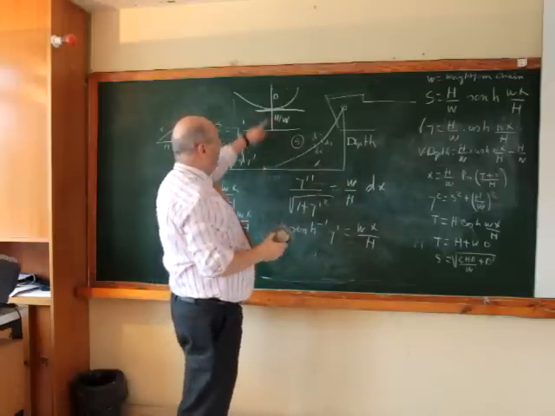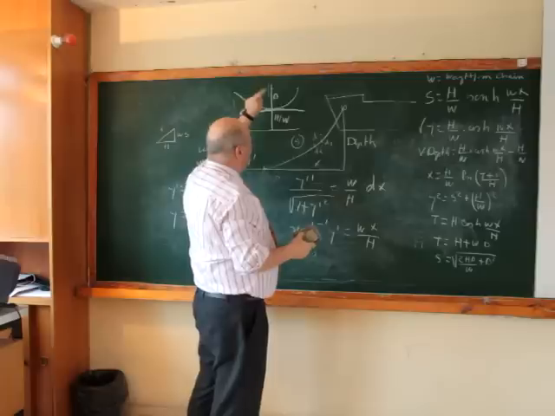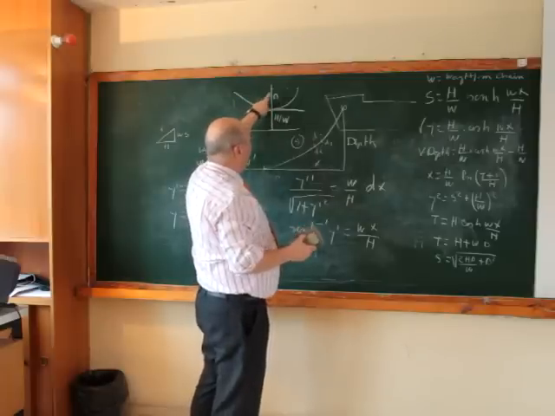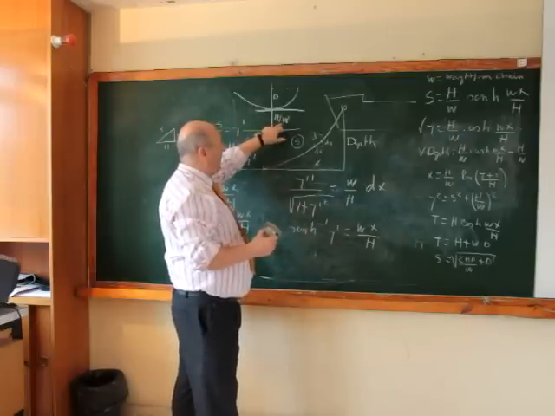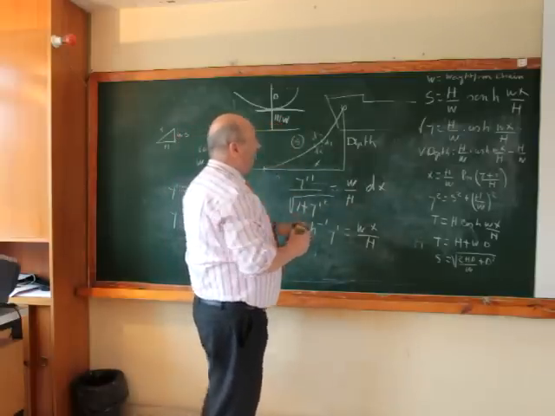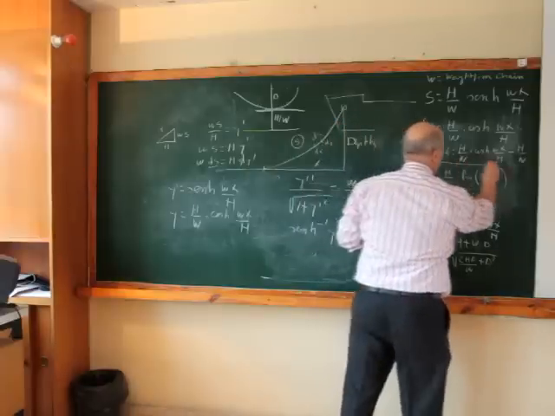So if I want to find out the depth, the only thing I have to do is subtract this amount, h divided by w. That is what I have done here. Exactly that.